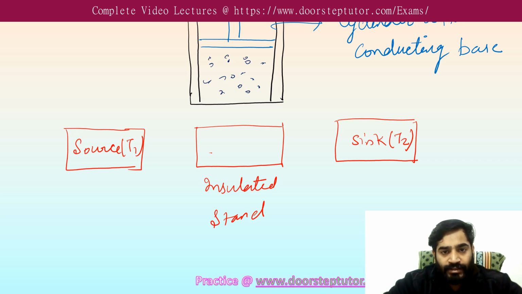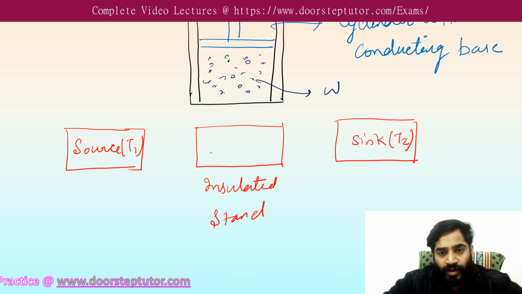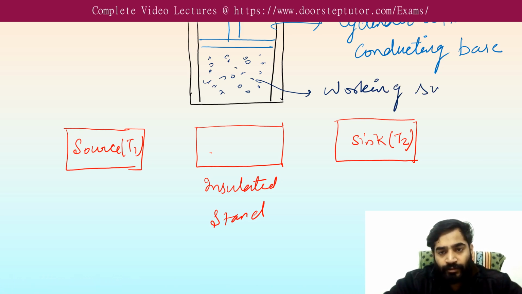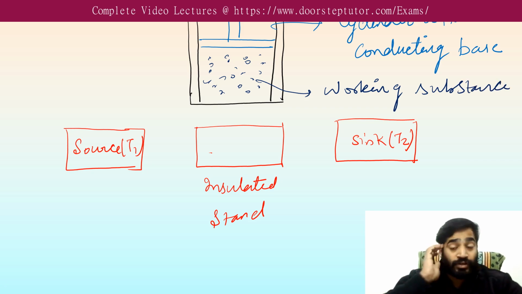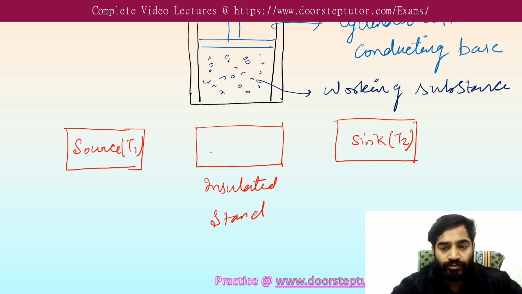These gas molecules we call the working substance. So now it's very clear what the working substance is. This is all about the Carnot engine.